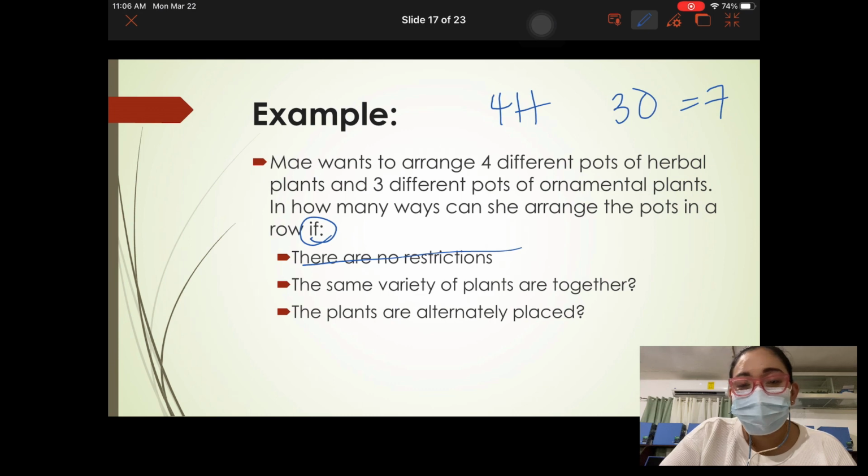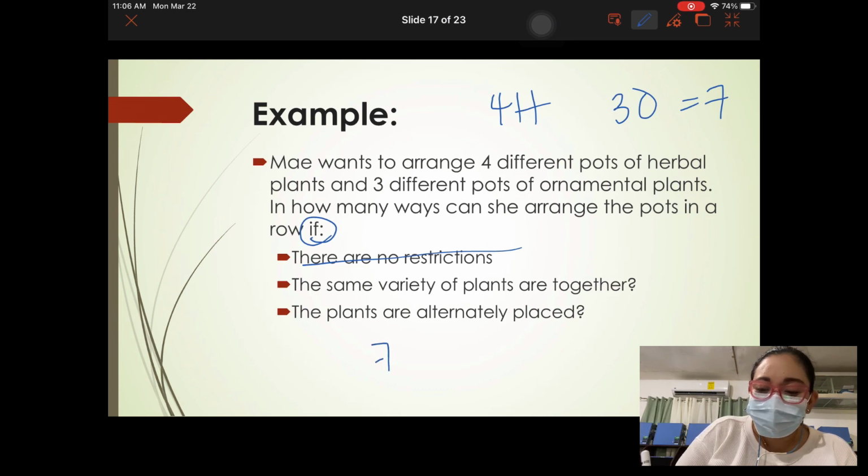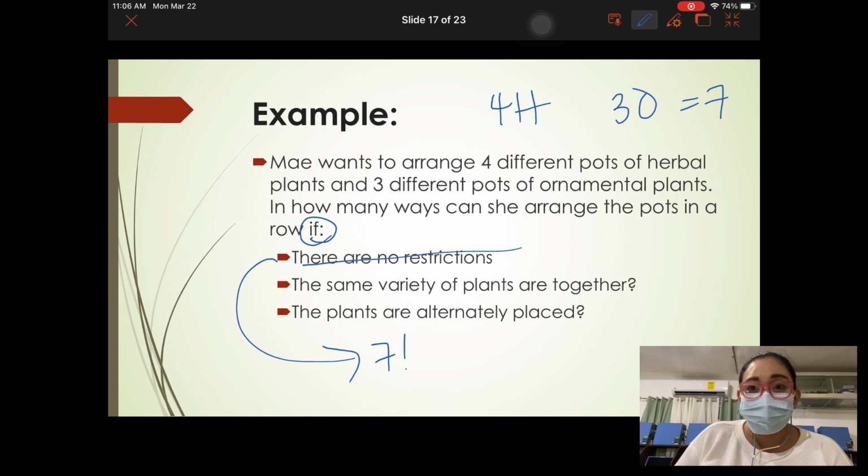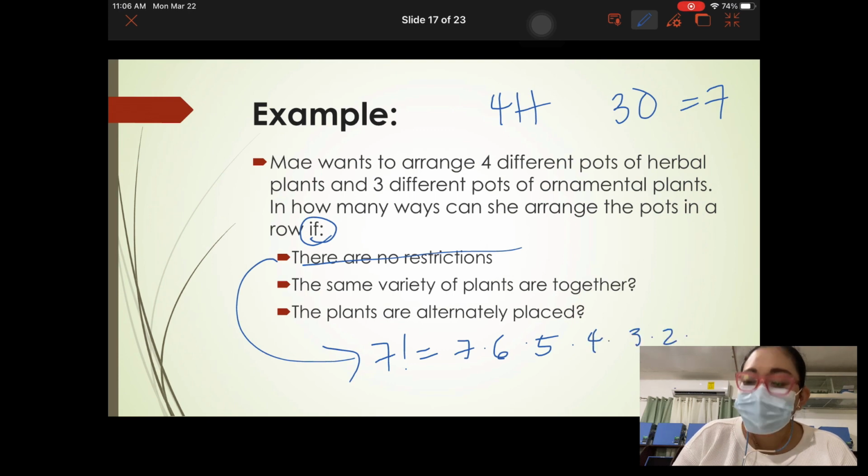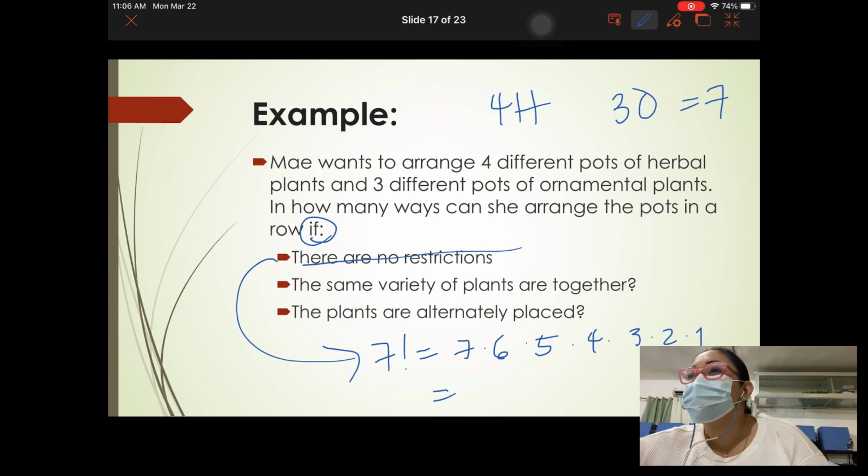So, using the fundamental counting principle, kung i-rearrange lang natin sila sa isang hilera, so ano yan? 7 factorial lang po yan. So, that's the answer to your first question. Ano ang 7 factorial? 7 times 6 times 5 times 4 times 3 times 2 times 1. Hingal. Okay? So, hanapin natin kung ano ang 7 factorial.